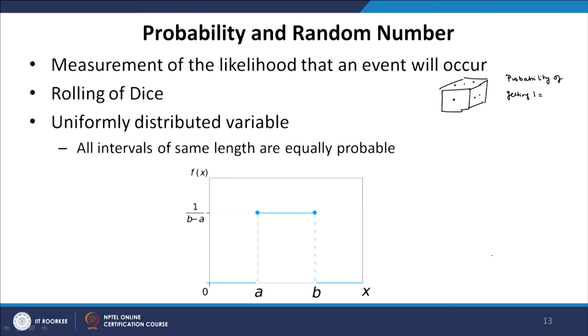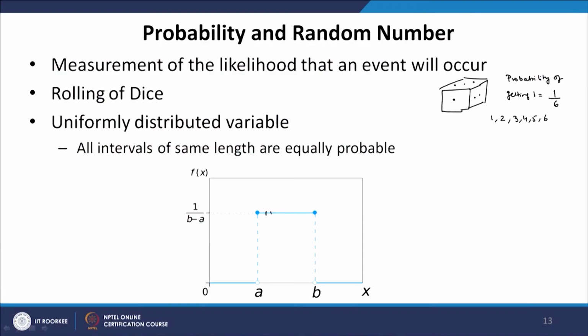That means the probability of getting 1 is equal to the probability of getting 2, which is equal to the probability of getting 3. It is uniform, and this probability is 1 by 6. There are 6 possible outcomes: 1, 2, 3, 4, 5 or 6. So, the total number of outcomes is 6, and the desired outcome is a unique one. So, the probability of getting 1 or 2 is equal to 1 by 6. This is how we define probability.